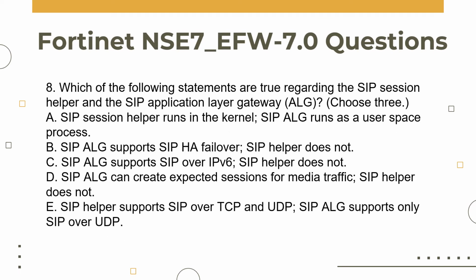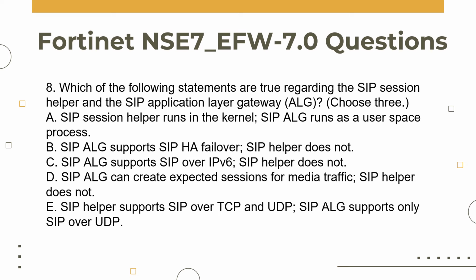8. Which of the following statements are true regarding the SIP session helper and the SIP application layer gateway, ALG? Choose 3. A. SIP session helper runs in the kernel. SIP ALG runs as a user space process. B. SIP ALG supports SIP HA failover. SIP helper does not.